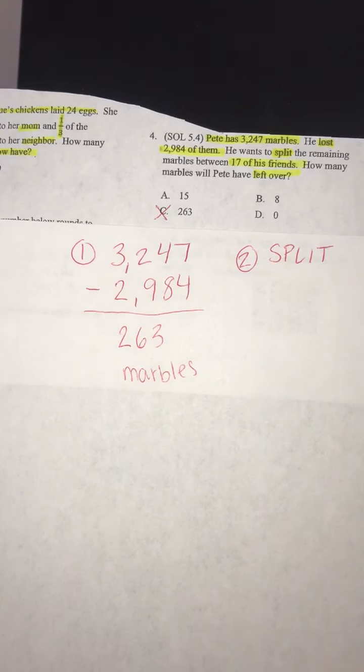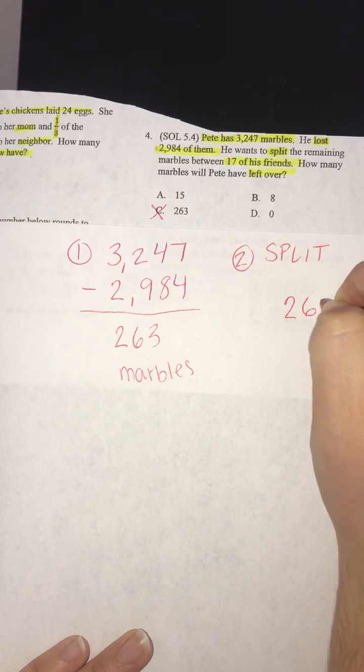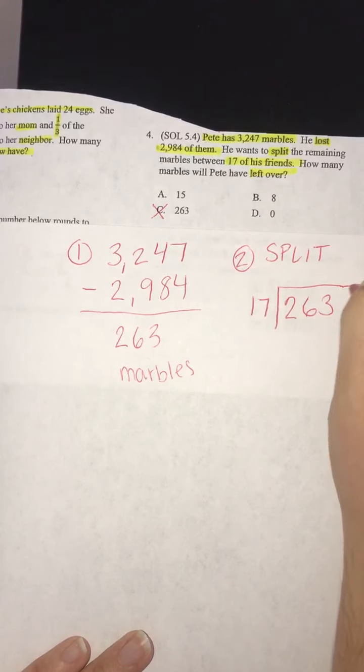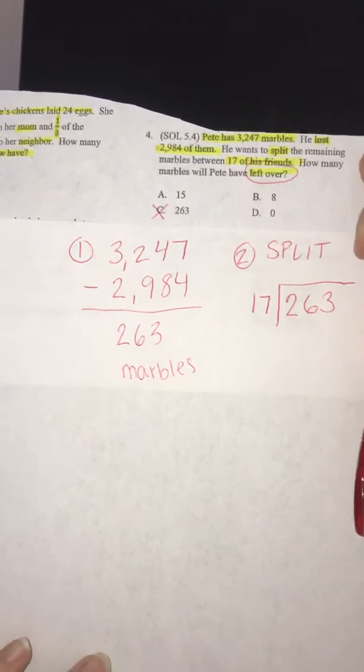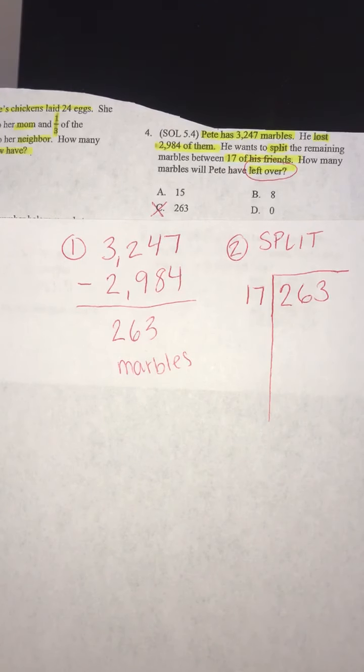So when you're splitting marbles, we're going to do what operation? If you said division, thank you. We're going to divide between 17 of his friends. And I am looking for the leftover. So again, when I'm done dividing, I hopefully will have a remainder. Now, you could try this on the calculator, 263 divided by 17.